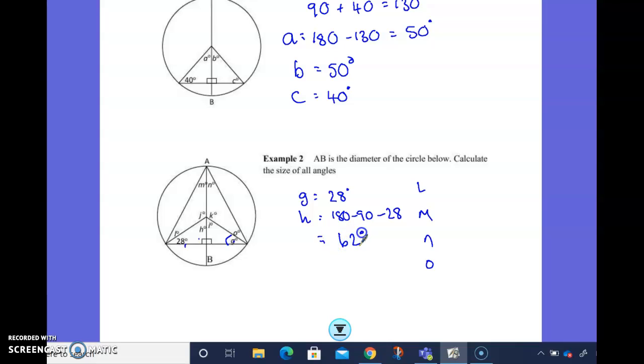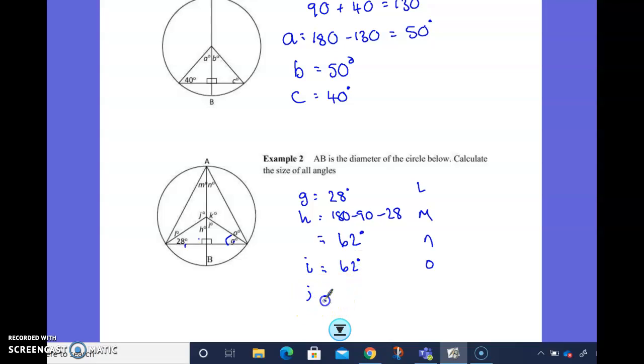If I can add up this late at night. Yes, 62 degrees for H. I then. I is going to be the exact same as H, so that's also going to be 62 degrees.